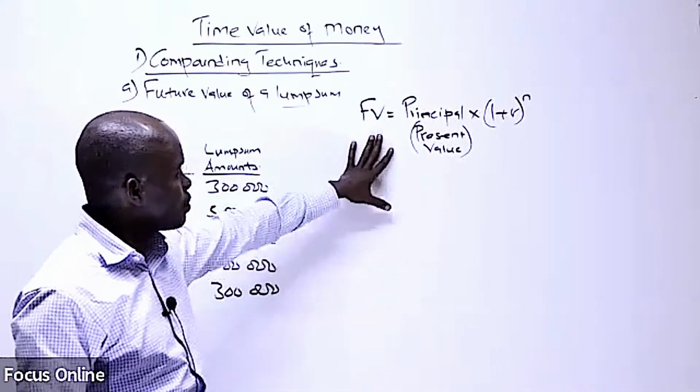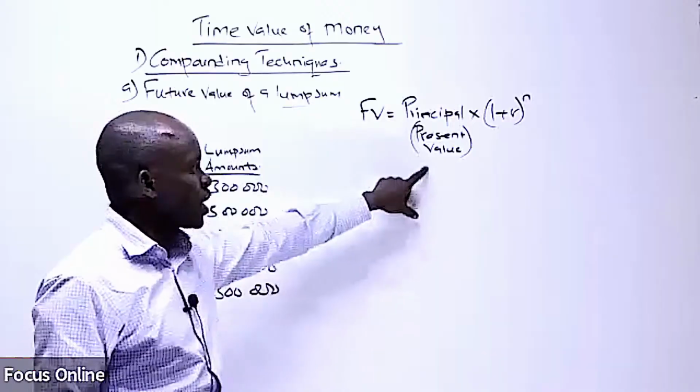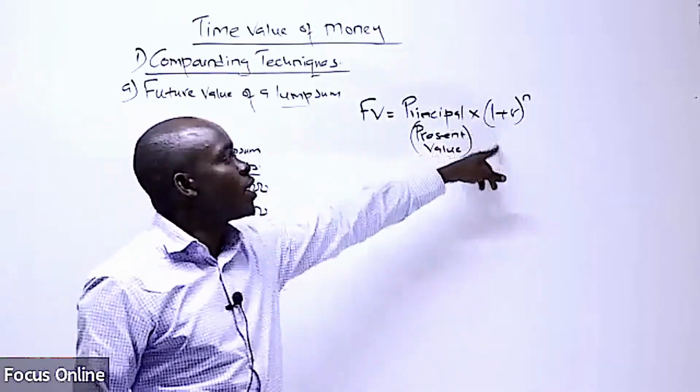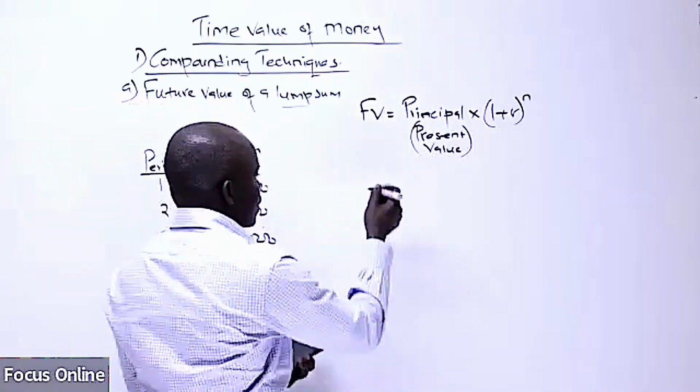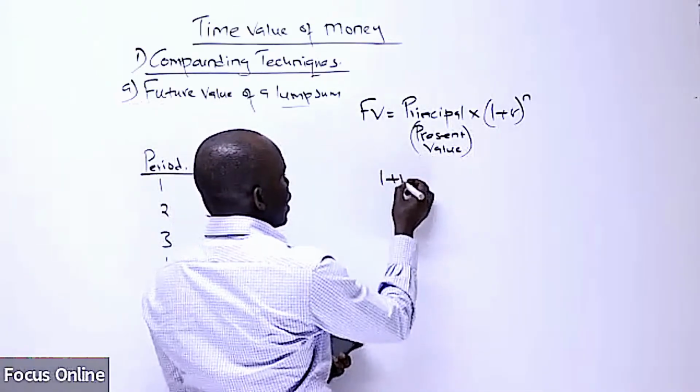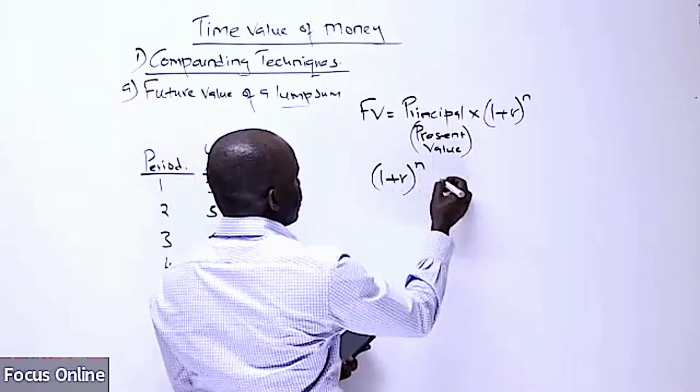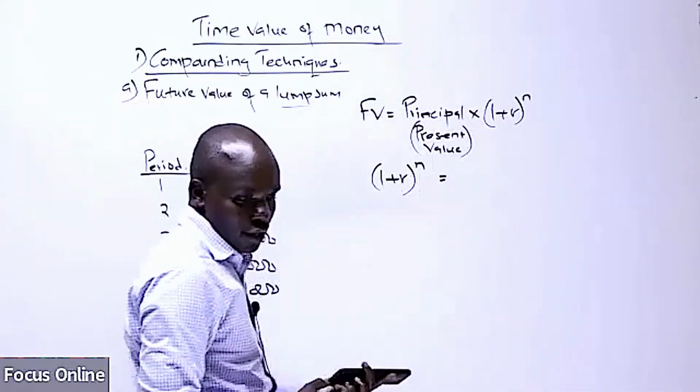Future value of a lump sum is equal to principal, or present value, times (1 plus r) power n. This factor, (1 plus r) power n, is called what?